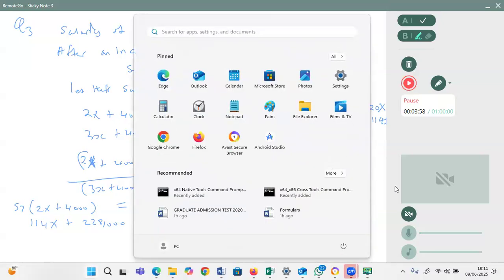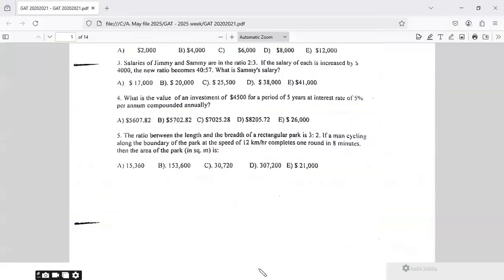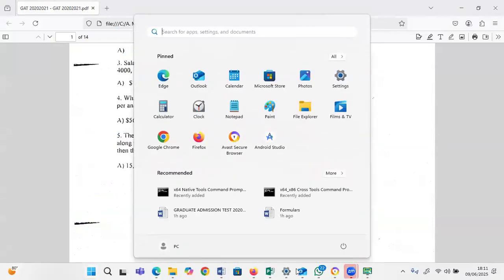Let me check once again here. Jimmy and Charlie, 2 to 3. Then if the sale of each is increased by 4,000, the ratio changes to 40 to 57.